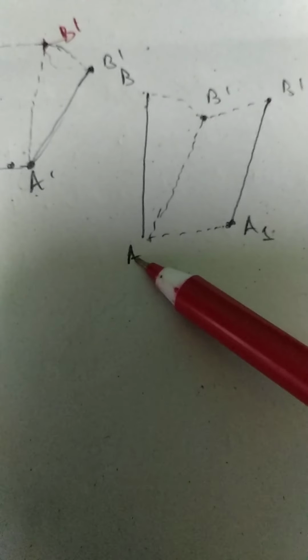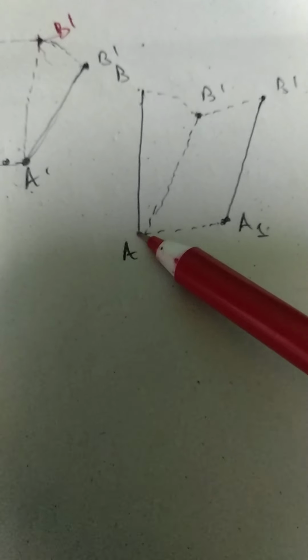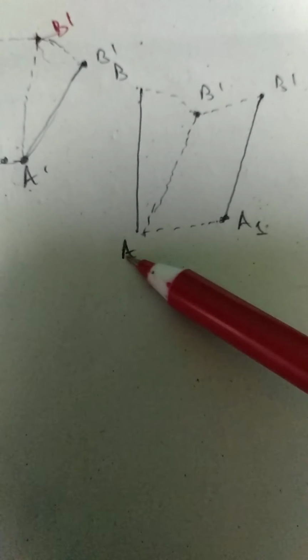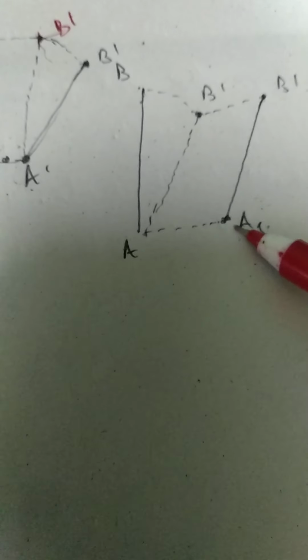Now in this second case, you see at first this link has a motion of rotation about this point A till AB dash, then the motion of translation from AB dash to A1 B1.